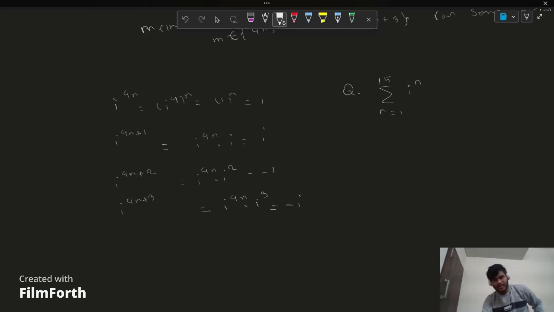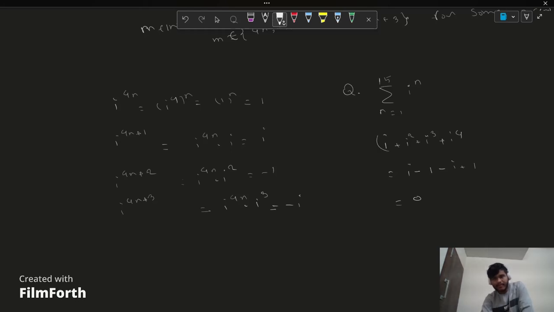Now we have seen here that every value keeps repeating after 4 terms. Then if we can get the value of the first 4 terms, that will repeat itself. First we get the value of i plus i square plus i cube plus i to the power 4, that will give us i minus 1 minus i plus 1, which gives the aggregate value of 0, right?